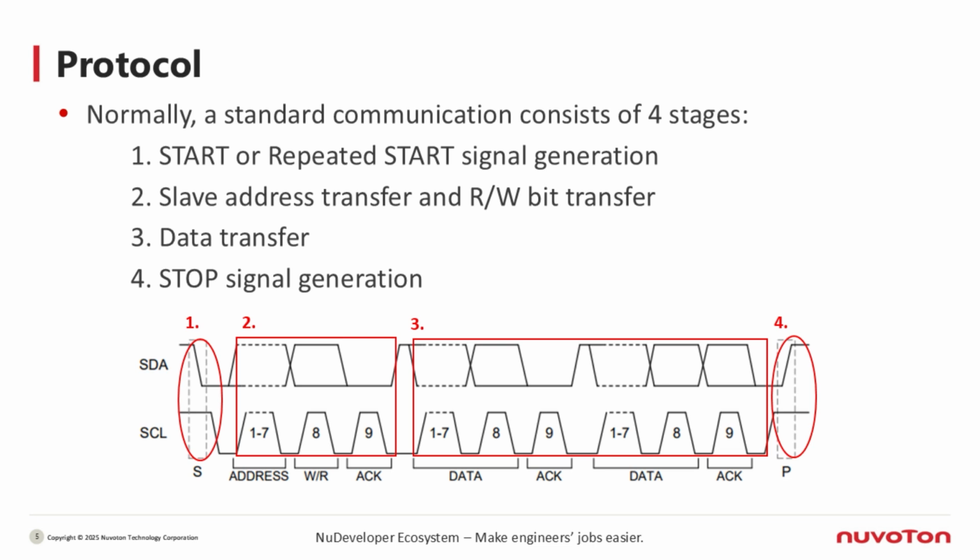The third stage is the data transfer. This is where the actual data moves. Either the master sends data to the slave, or the master receives data from the slave. And finally, we have the stop condition. This tells the slave that the communication is done. When the SDA line goes from low back to high, while SCL is high, that generates the stop condition, and that completes the whole transaction.